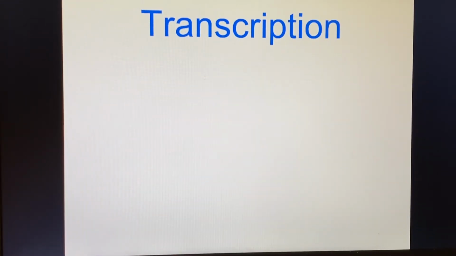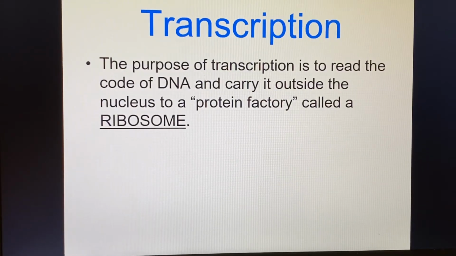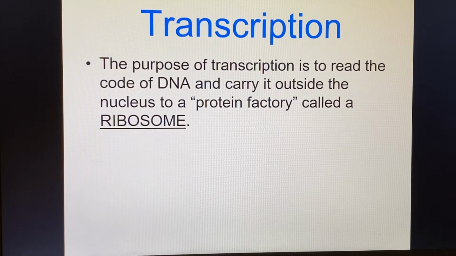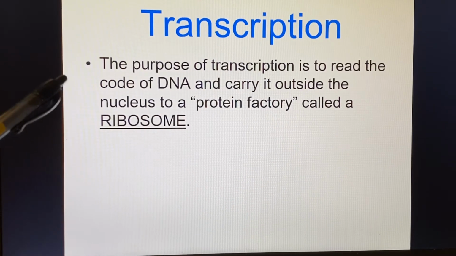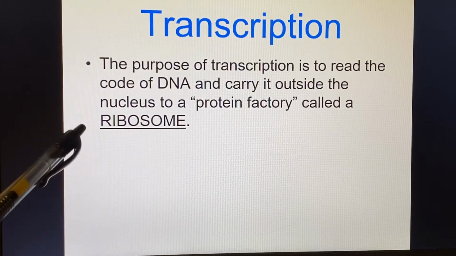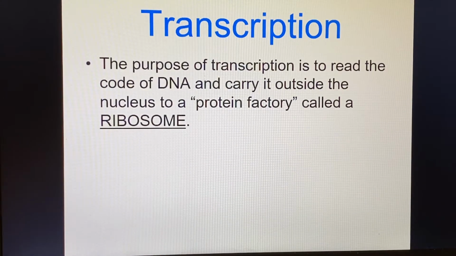So first, let's talk about transcription. The purpose of transcription is to read the code of DNA that corresponds to a specific gene, produce a message molecule, and then carry it in eukaryotic cells outside of the nucleus to a little protein factory called a ribosome. Bacteria also have ribosomes.